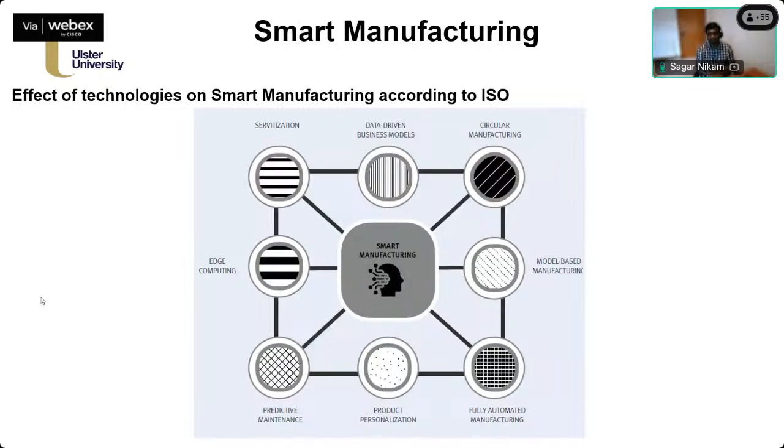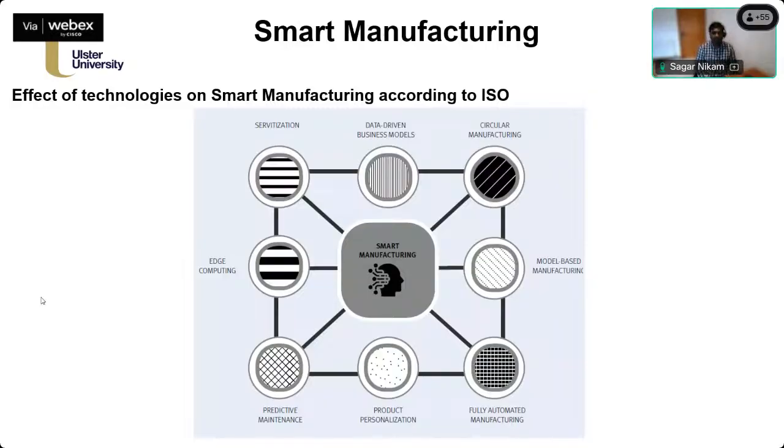So that's servitization. Many are doing it nowadays, like EV manufacturing. Tesla is coming up with this same model, offering services rather than giving full ownership of the product to the customers.